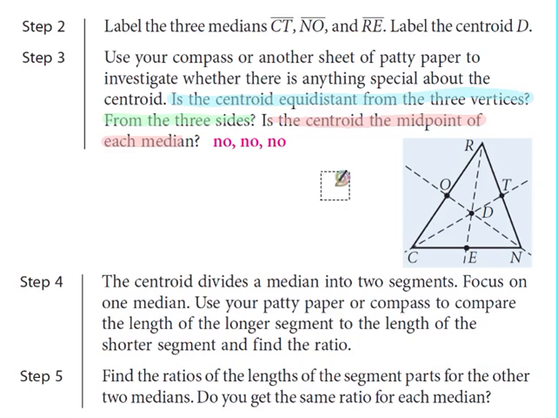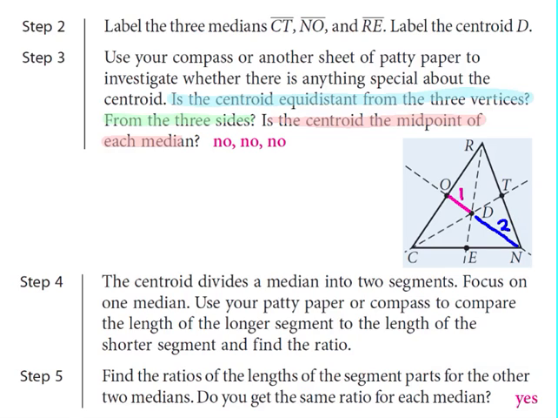What do you notice? The short one is half of what the long one is. So an example would be, if in this diagram I knew that this short segment was 1 inch, this segment here has to be what? 2 inches.